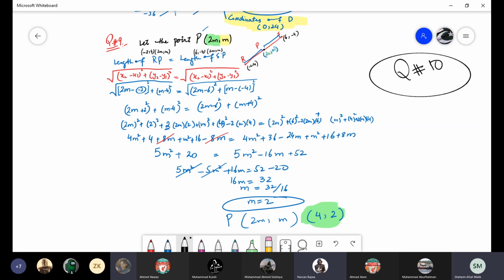Question 5, B part or D part? D part. So question 5 D part and question number 10. This is your homework. I'm going to upload the page there and you have to submit today.